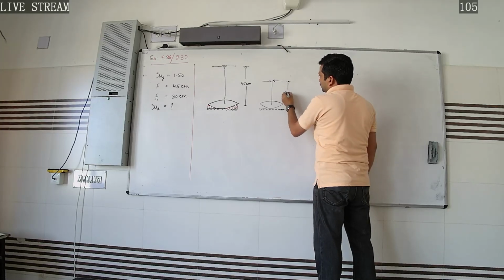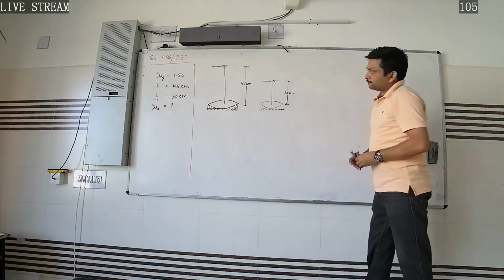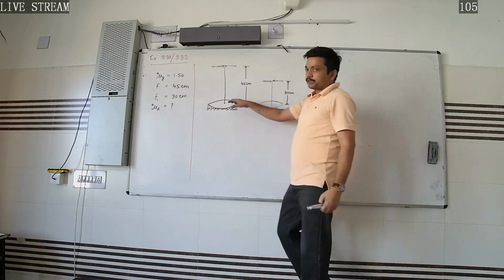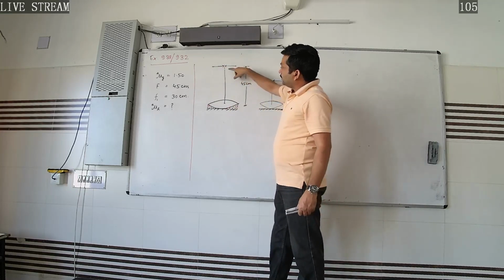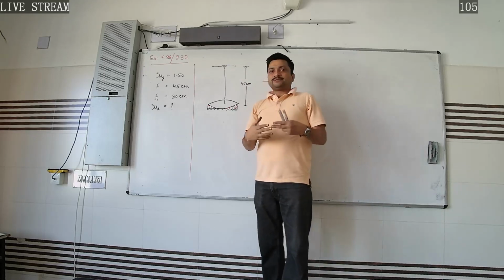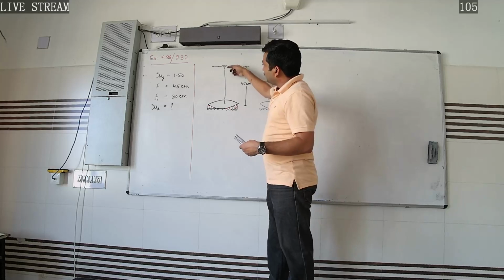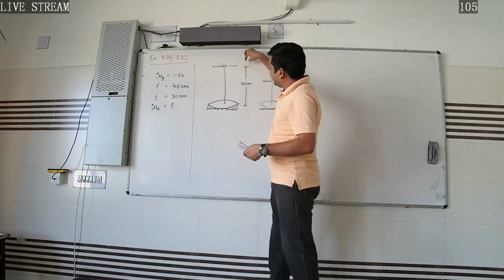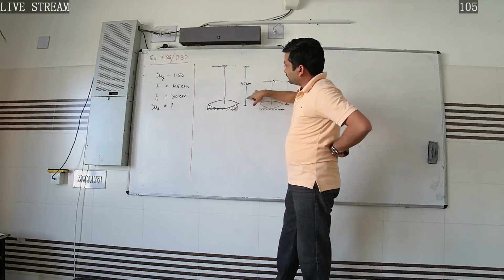This is 30 centimeter. Now here, in the first case, we are given the net focal length, that is, the needle at the point where the parallax is removed. Parallax means when the tip of the needle joins with its real image. So at this distance the parallax is removed and this distance is found to be 45 centimeter.